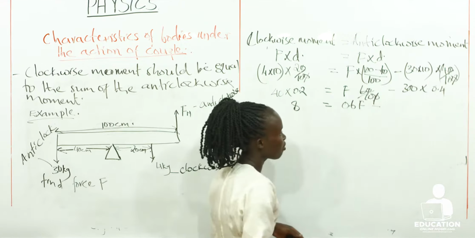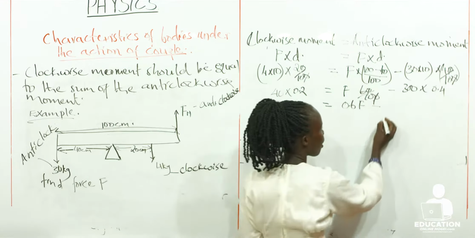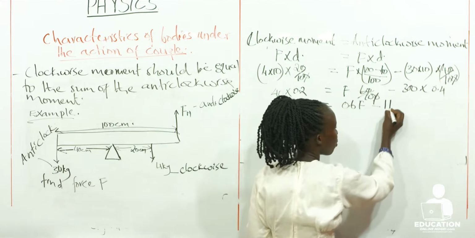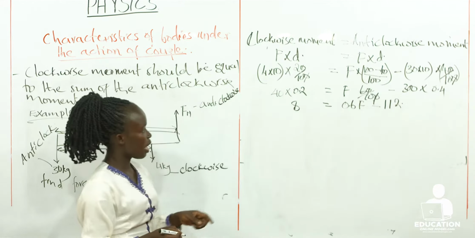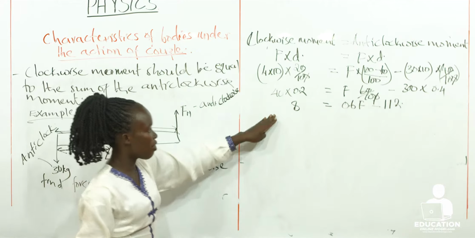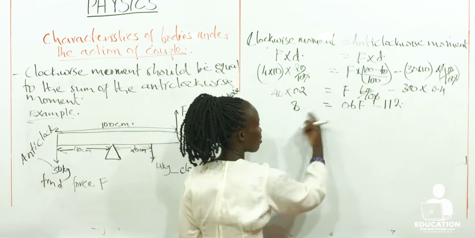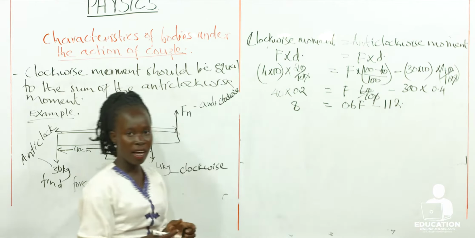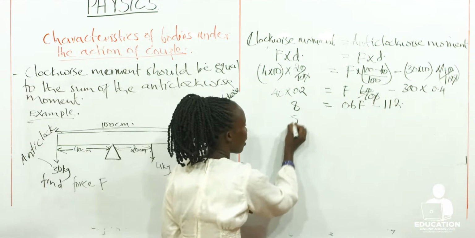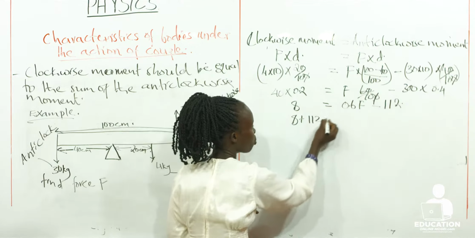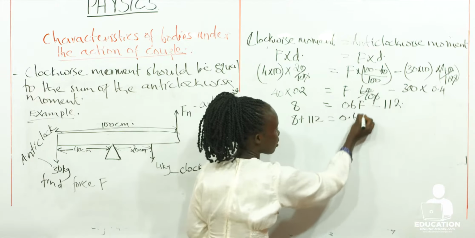What shall we have? We shall have around 112. Now, how would you eliminate that? We are making F the subject. So we shall have 8 plus 112 equals 0.6F.